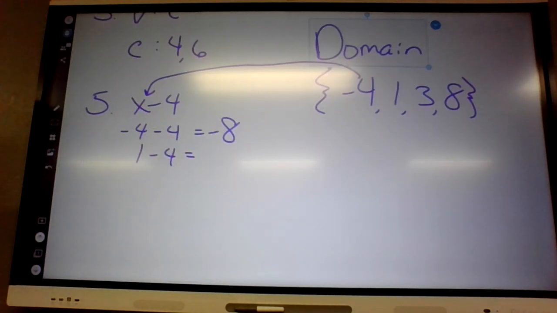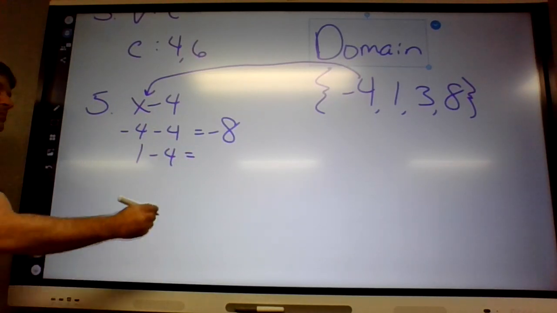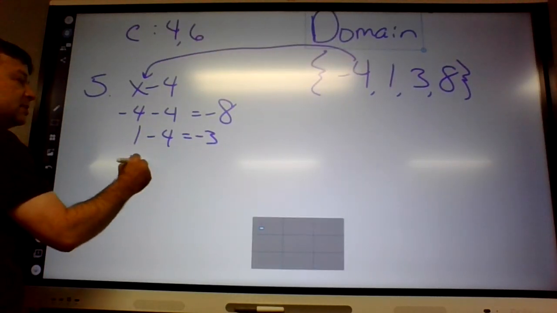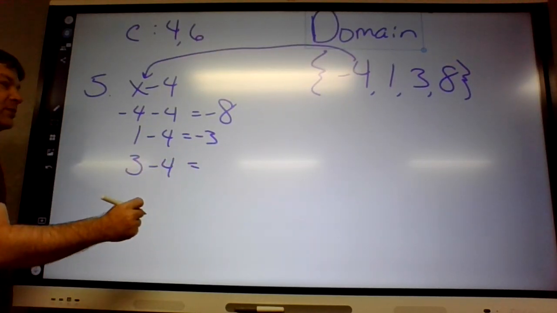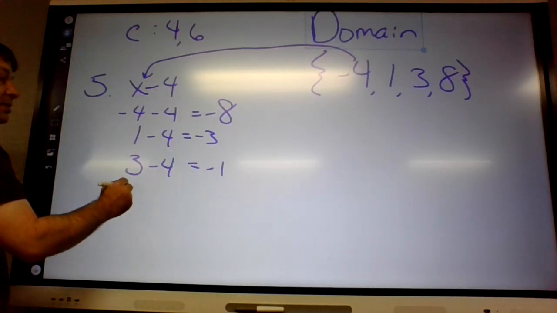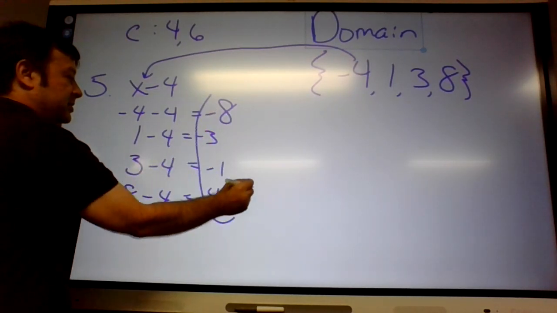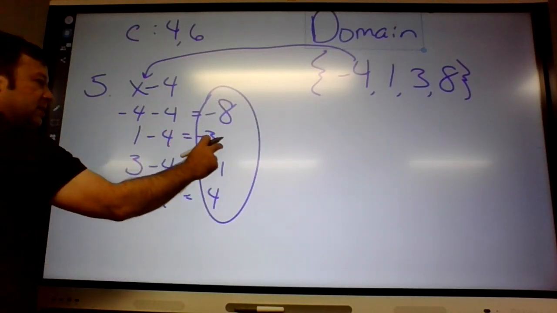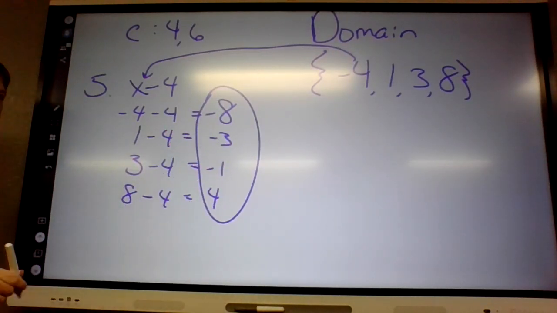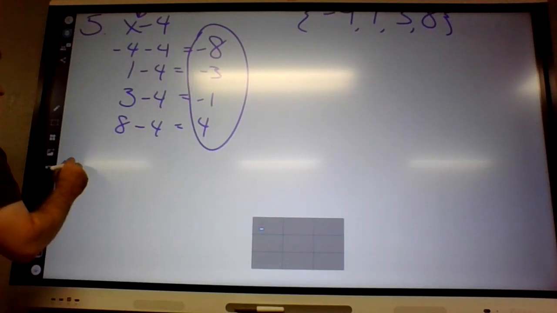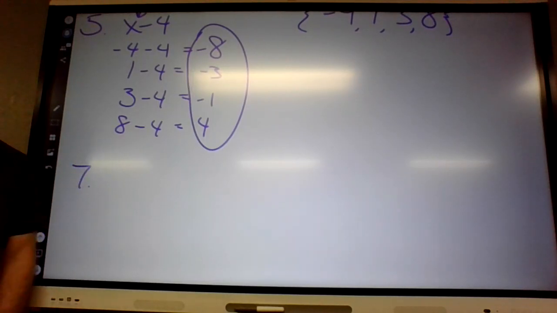So Keegan, 1 minus 4. And then plug in the 3. 3 minus 4. And then 8 minus 4. Yeah, so make sure you have all 4 answers there. I'm not gonna make you show your work yet. Eventually I'm gonna make you show a lot of work, so enjoy it while you can. When we start solving equations, you gotta show your work.